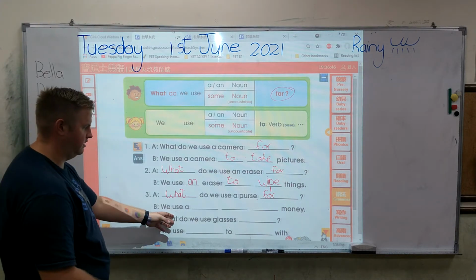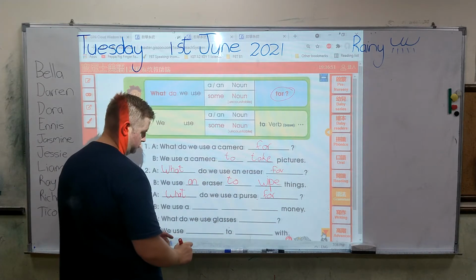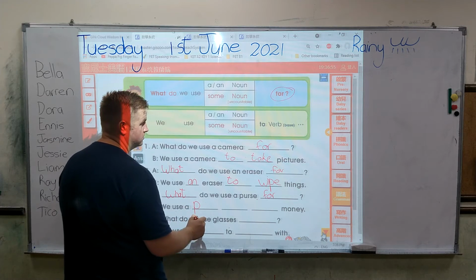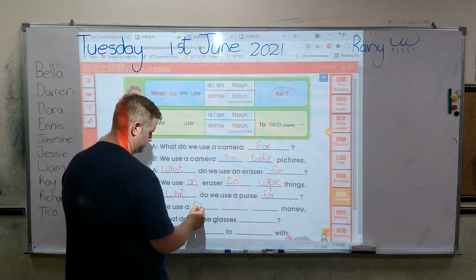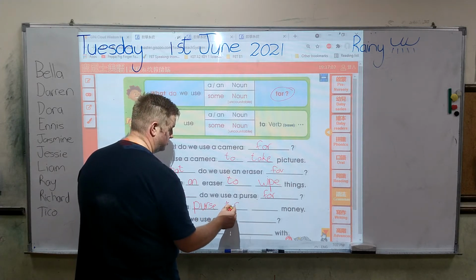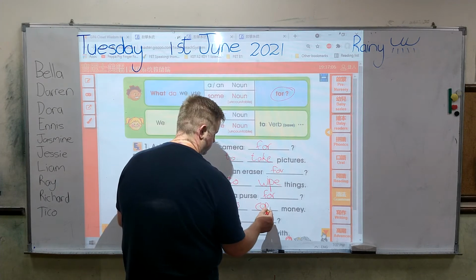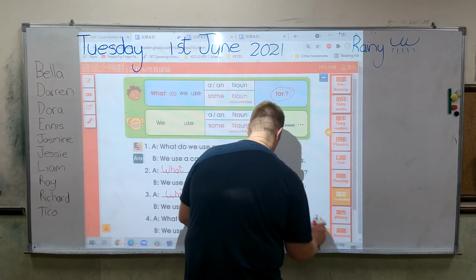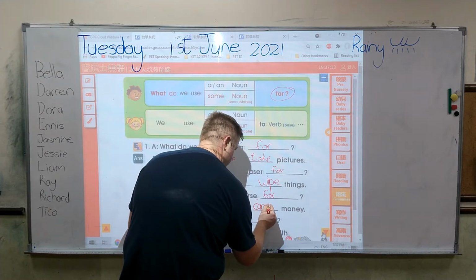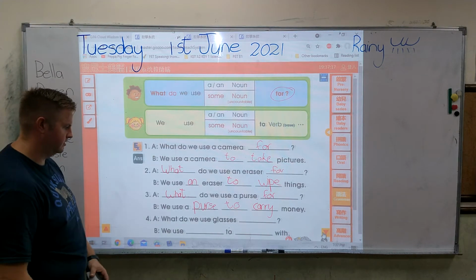We use it... The purse is the noun, and the verb is what we do. We use a purse to carry money.